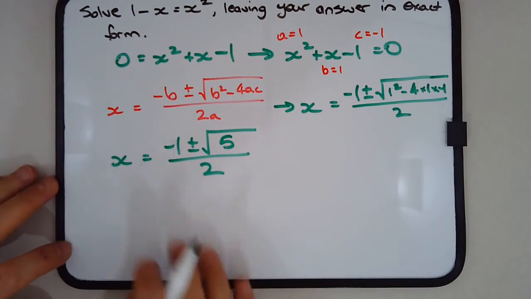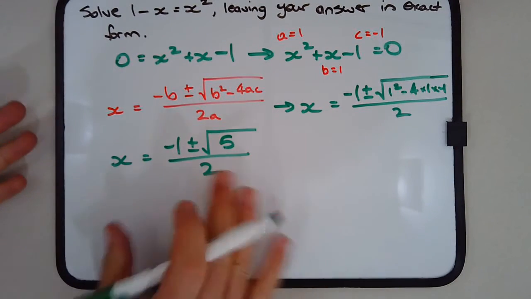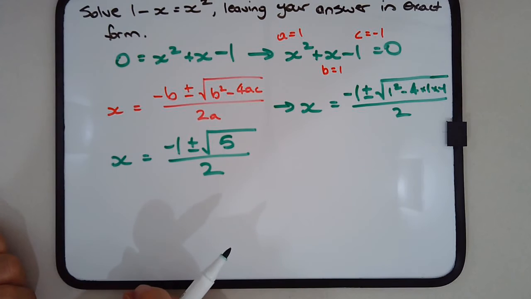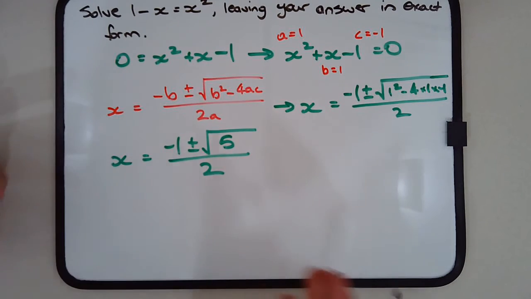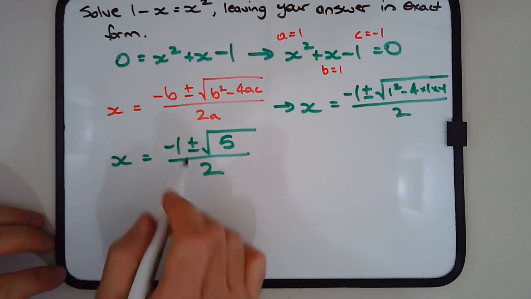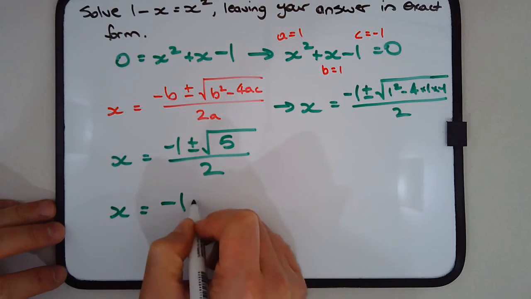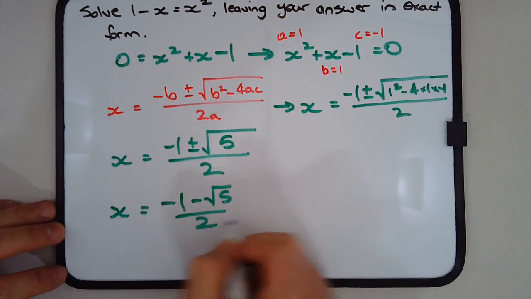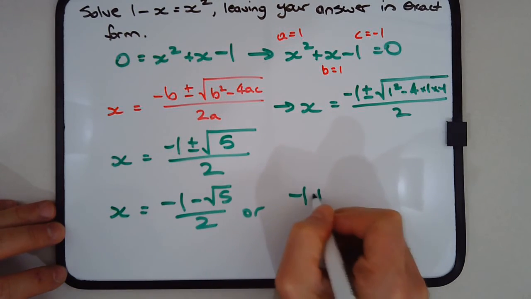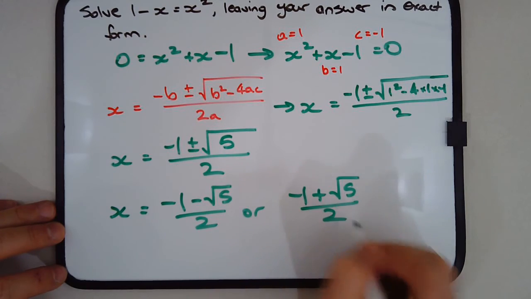If you want to separate out the answer, that's one way of expressing it. We can separate it into two distinct answers instead of using the plus or minus symbol. So x is equal to negative 1 minus root 5 on 2, or negative 1 plus root 5 on 2.